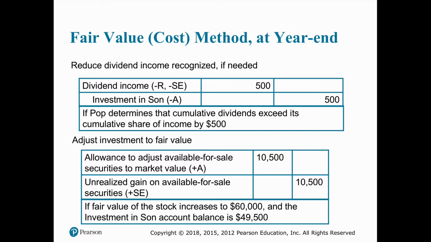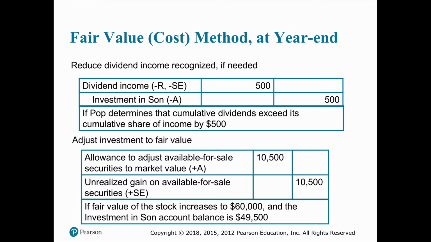And if some changes happen to the share price at the end of the year, we debit allowance to adjust available for sale securities to market value, and we credit unrealized gain on available for sale securities. And this is the way we record the purchase of the shares, the recognition of the dividends, the reduction in the dividend income, and the increase in the fair value of the share.